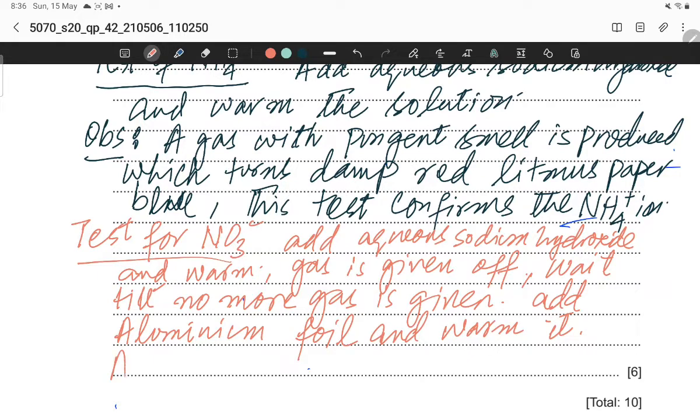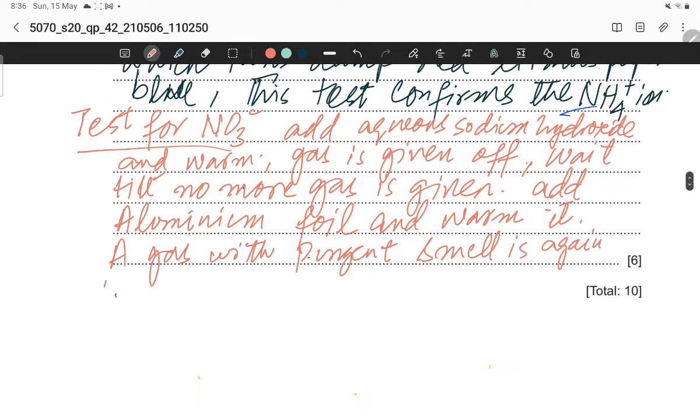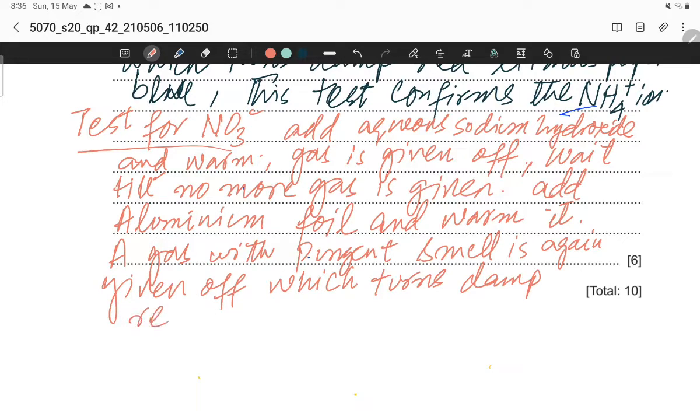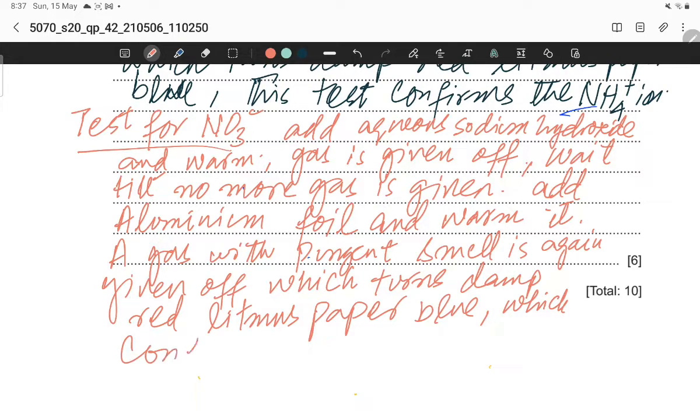Ammonia gas, a gas with a pungent smell, is again given off, which turns damp red litmus paper blue, which confirms nitrate ion.